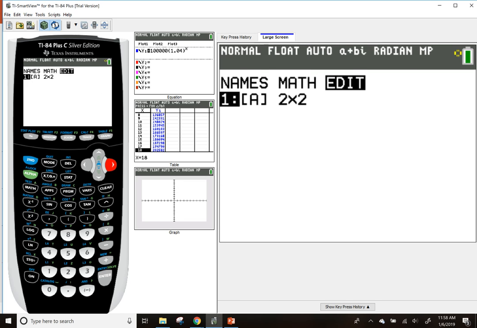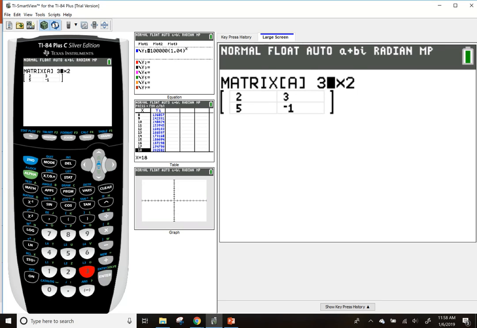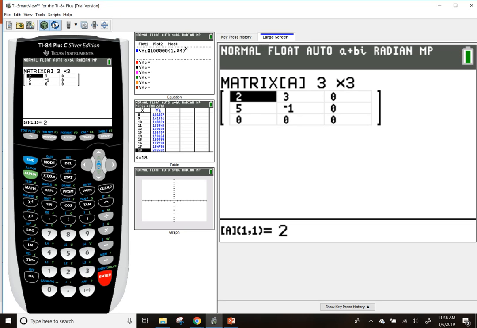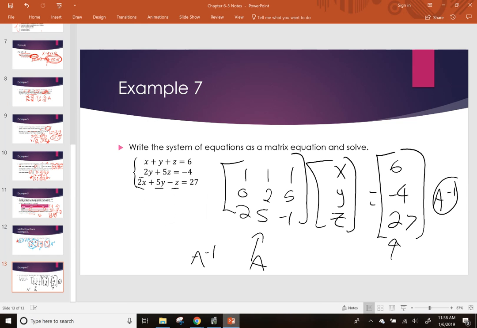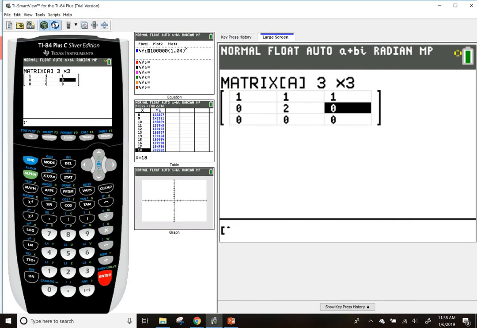We're going to edit. We're going to make this a 3 by 3 matrix. And I believe it was 1, 1, 1. I know the first one was 0, and then 2, 5, and also 2, 5, -1. So there's that original matrix.